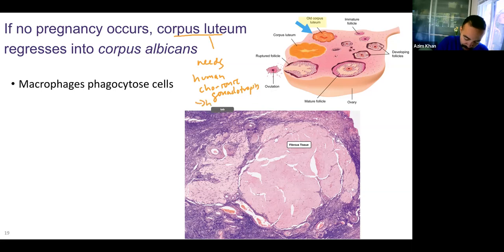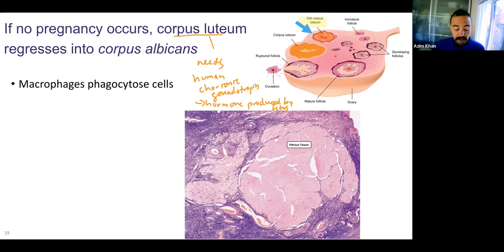This is a hormone produced by the developing embryo or fetus. It stimulates the corpus luteum to stay alive. It's also the thing that you use in a pregnancy test. It's what you detect in your urine to see if you're pregnant. You're seeing the presence of this hormone. It's a good indicator. Anyways, if you don't have this hormone supporting the corpus luteum, it will die.